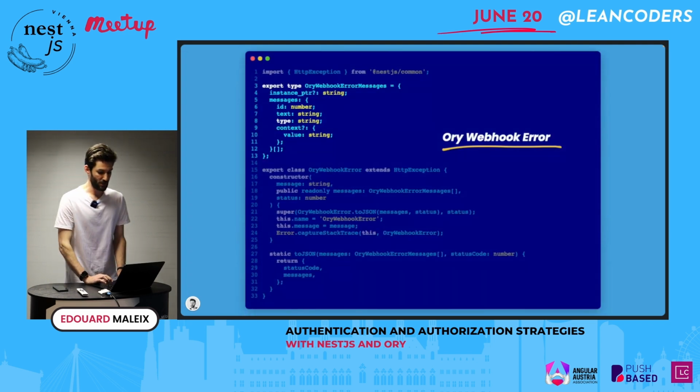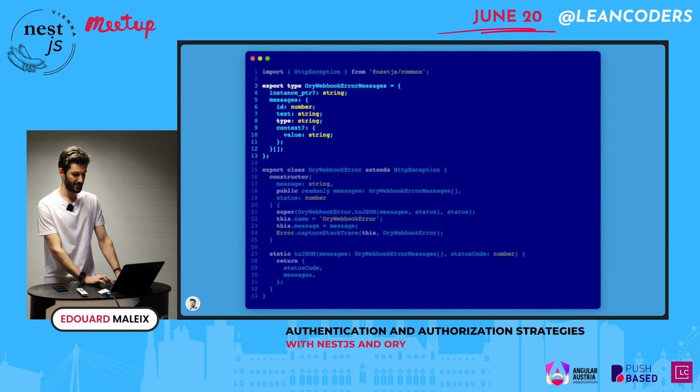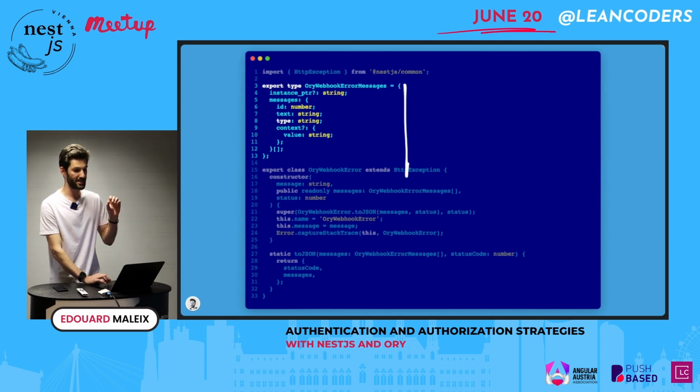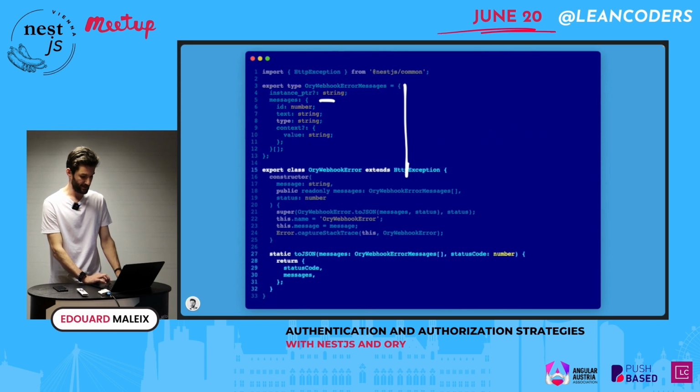The ORI webhook error is following the schema documented by ORI. So an instance pointer, which is optional, and that will allow us to say, I want my error to appear under that given field on the UI, and the messages, so the message that I want to display on my form. This is just an extension of the default HTTP exception from NestJS.